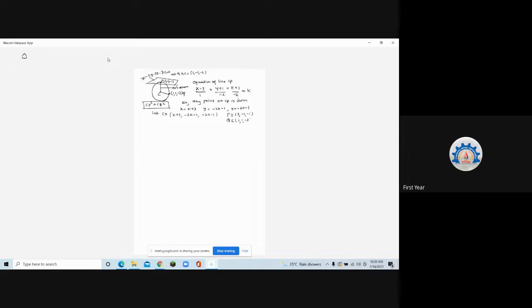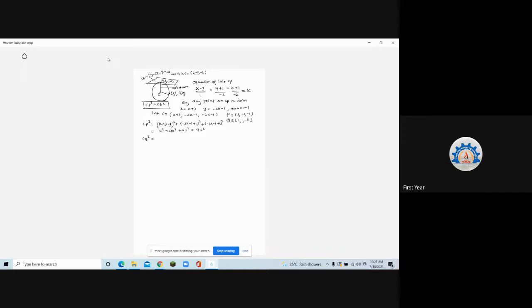Therefore, CP square is equal to (k + 3 - 3) the whole square plus (-2k - 1 + 1) the whole square plus (-2k - 1 + 1) the whole square. So it is k square plus 4k square plus 4k square, that is 9k square. Now what is CQ square?